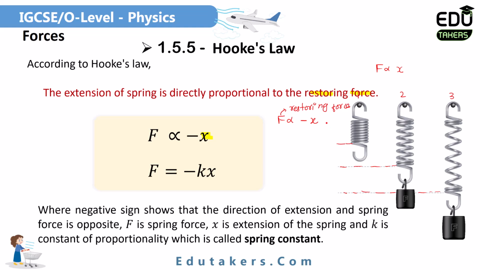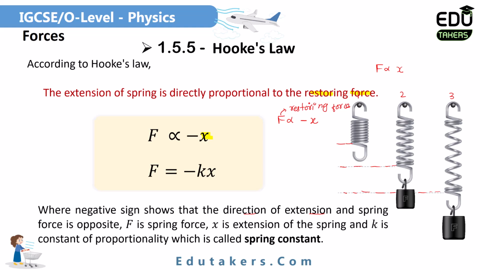The negative sign shows that the restoring force and extension have opposite directions. If the extension is towards the right, then the restoring force of course acts towards the left. Both of these have opposite directions. The negative sign basically shows that the direction of the extension and spring force is opposite. Spring force and restoring force are the same term.